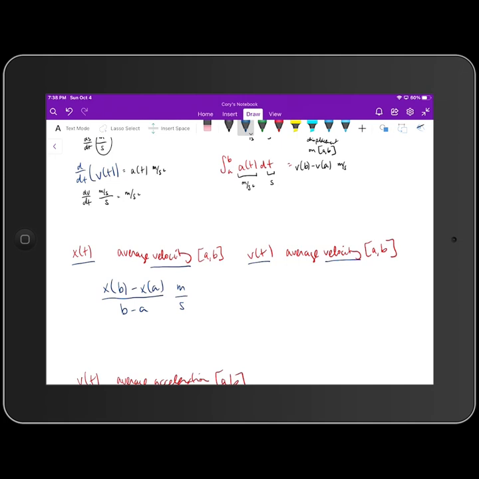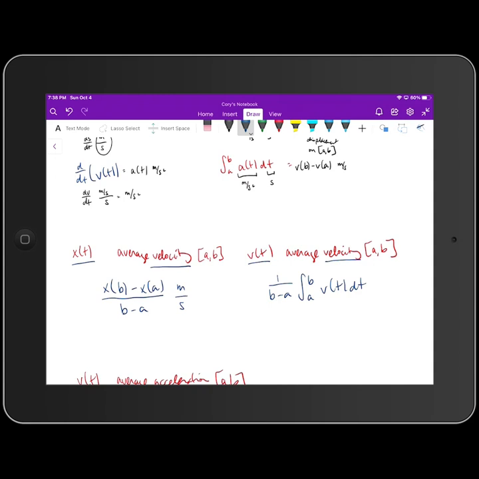The average velocity would be 1 over the length of our interval, b minus a, times the integral from a to b of my velocity function v of t, integrating with respect to t.